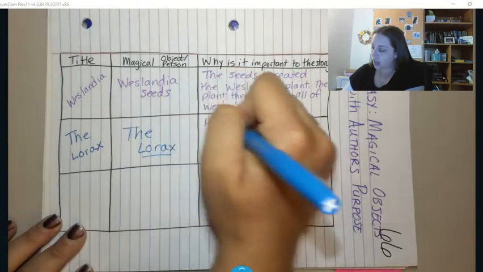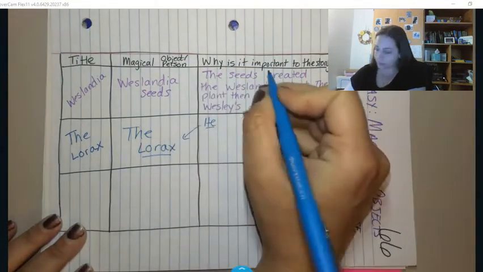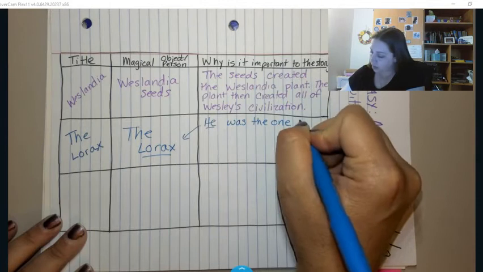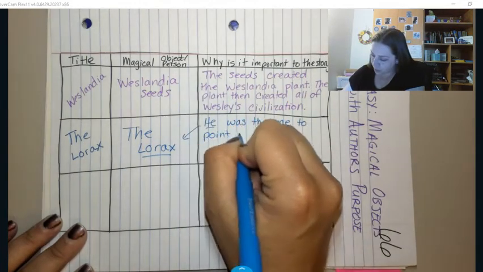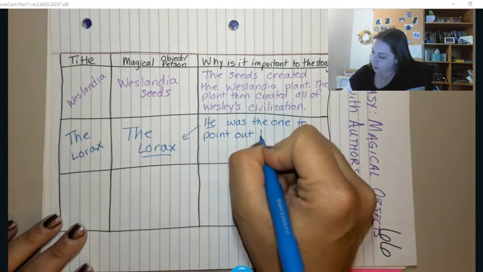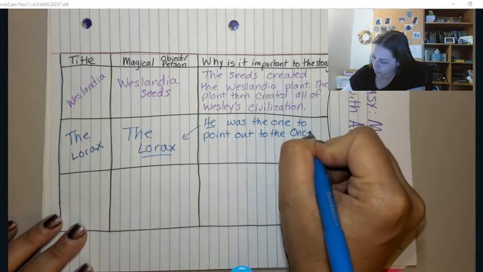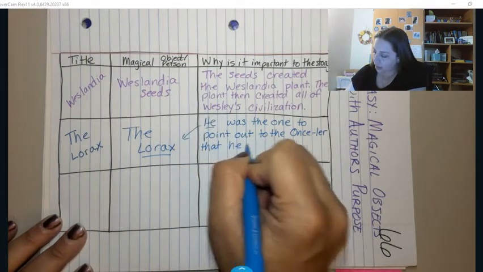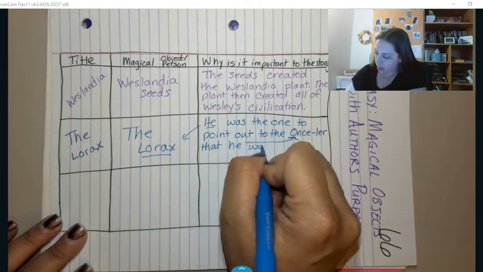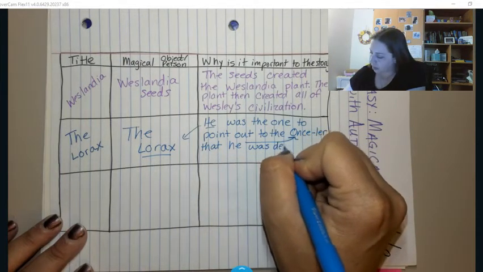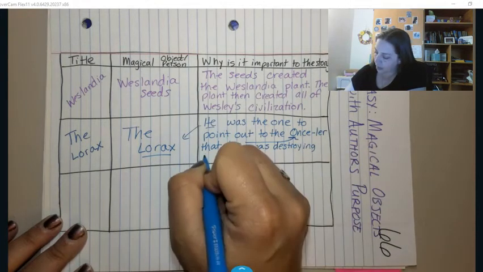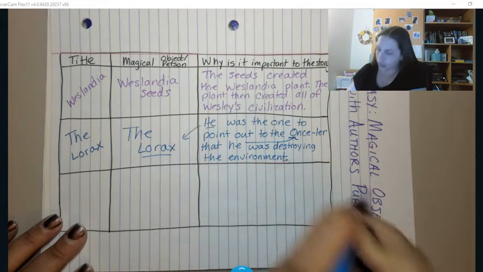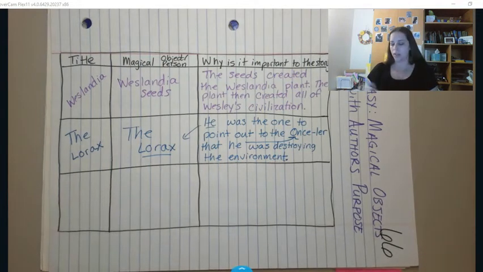So the Lorax was the one to point out to the Onceler that he was destroying the environment.